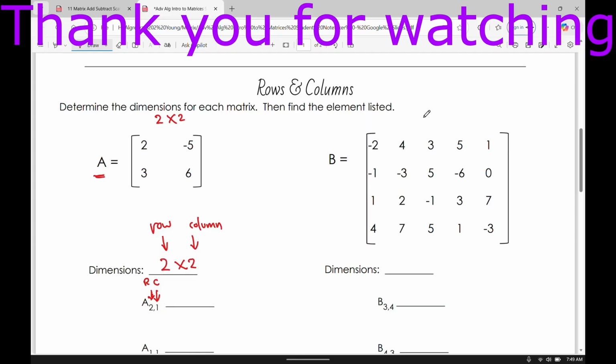This is my first row, this is my second row, this is the first column, and this is the second column. I want the second row, first column, and the number is 3.